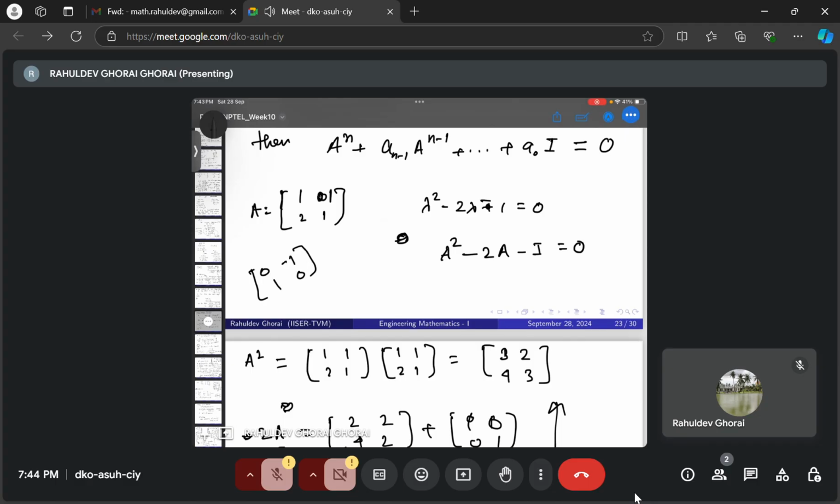Then the determinant of A minus lambda I will be minus lambda, minus lambda, plus 1, equal to 0. That implies lambda square plus 1 is equal to 0, so lambda has to be plus minus i. So for a real matrix you can get complex eigenvalues. But if the matrix is Hermitian, all the eigenvalues are real.